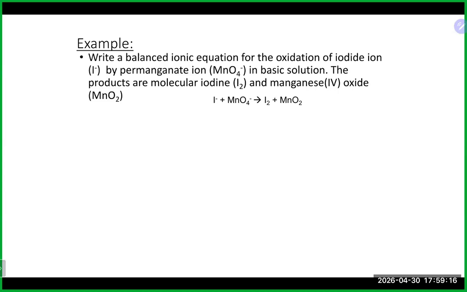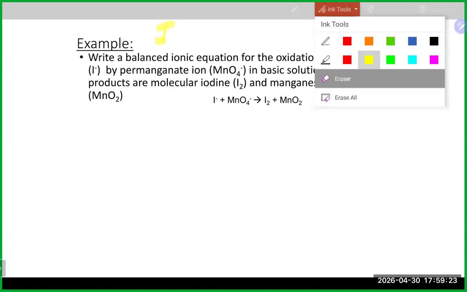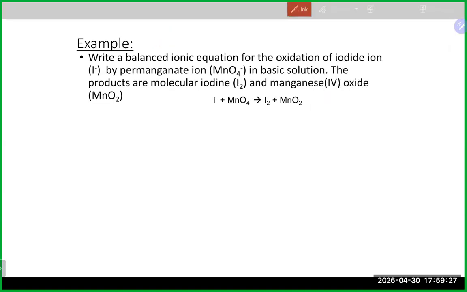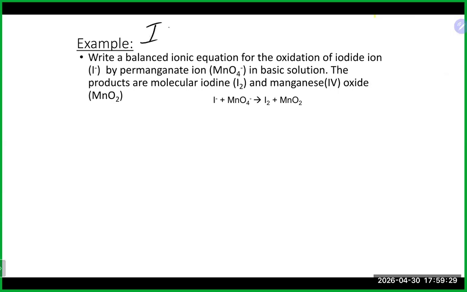We'll do I- plus MnO4- going to I2 and MnO2. Let's do basic here.